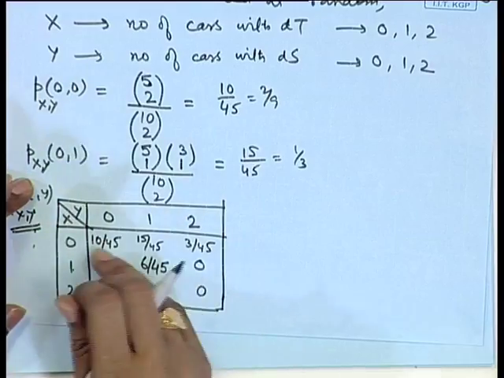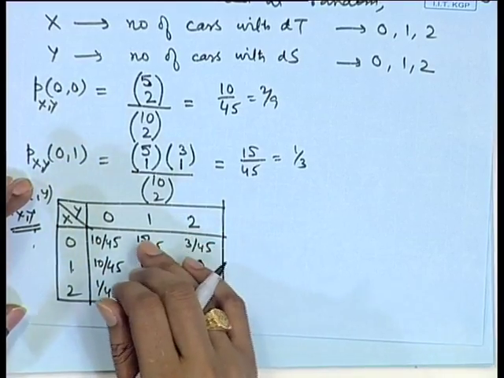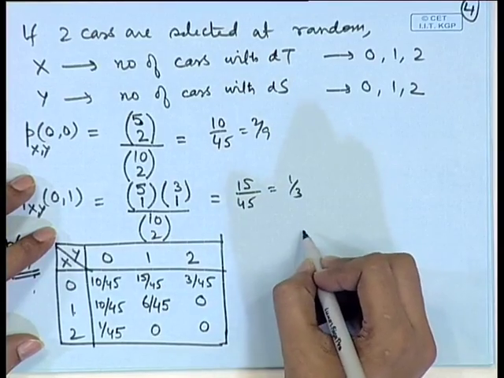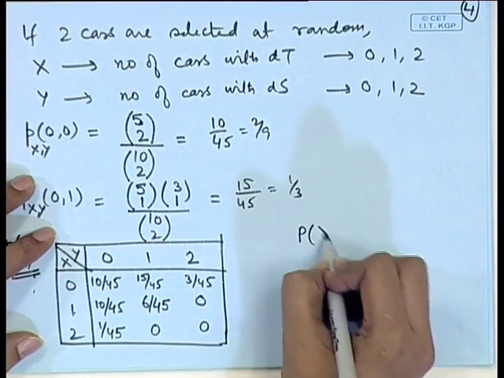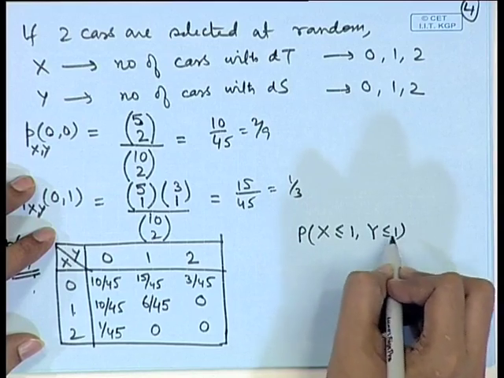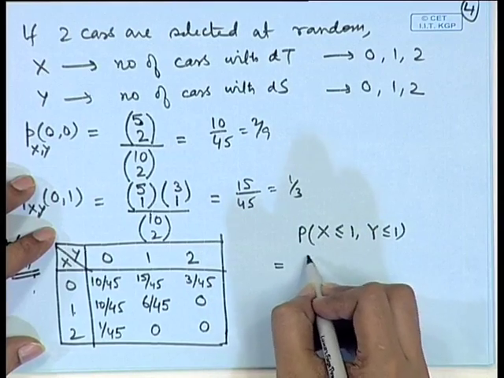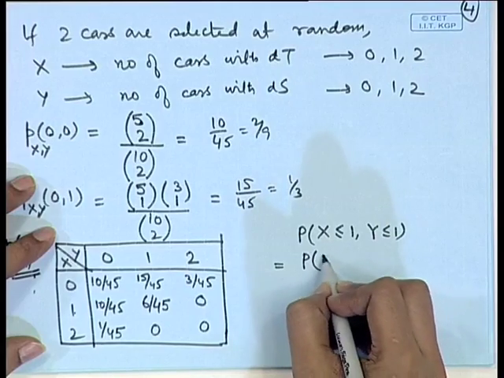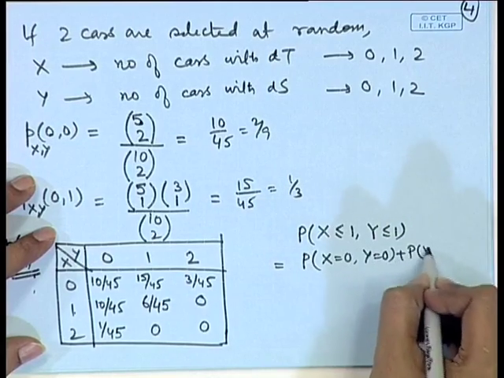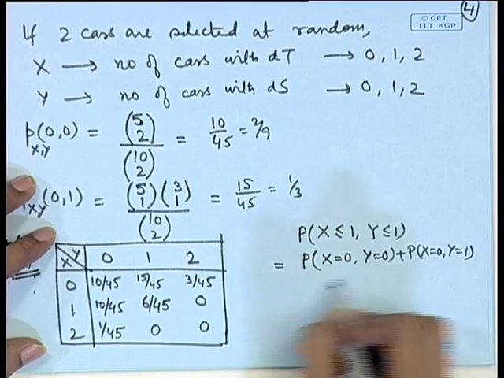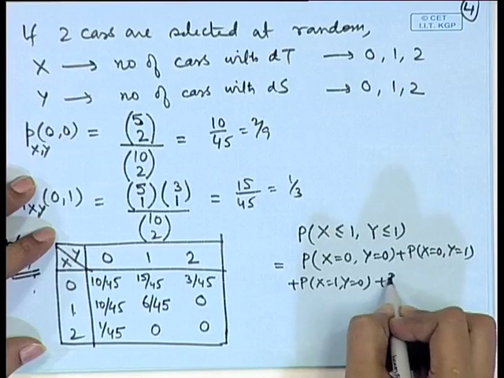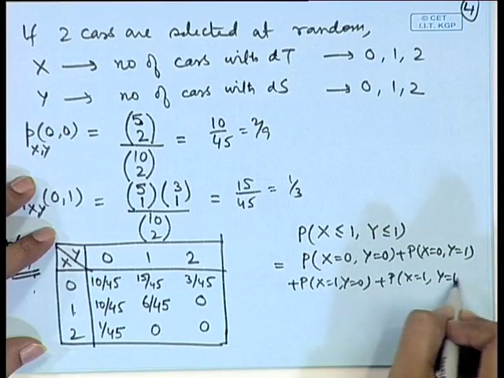You can look at various probabilities related to random variables (x, y) from here. For example, if we ask the question, what is the probability that x is less than or equal to 1, y is less than or equal to 1, then this corresponds to probability of x is equal to 0, y is equal to 0, probability x is equal to 0, y is equal to 1, probability x equal to 1, y is equal to 0, and probability x equal to 1, y is equal to 1.